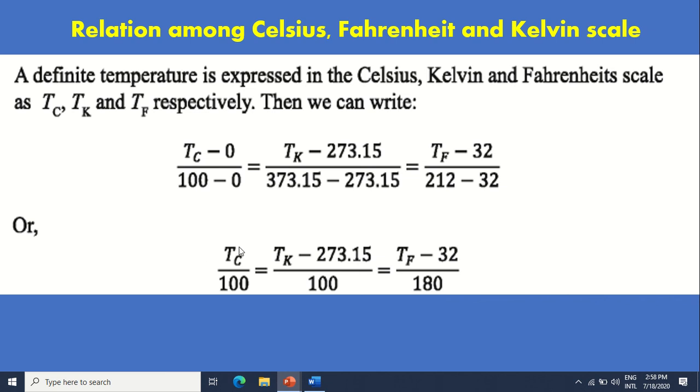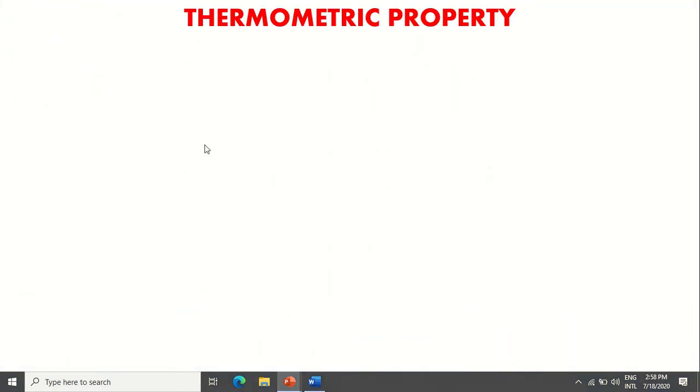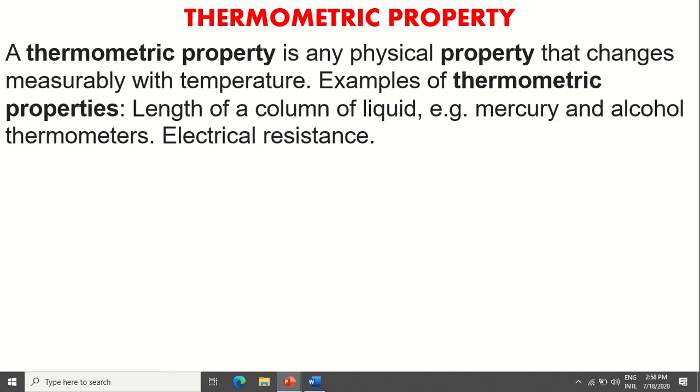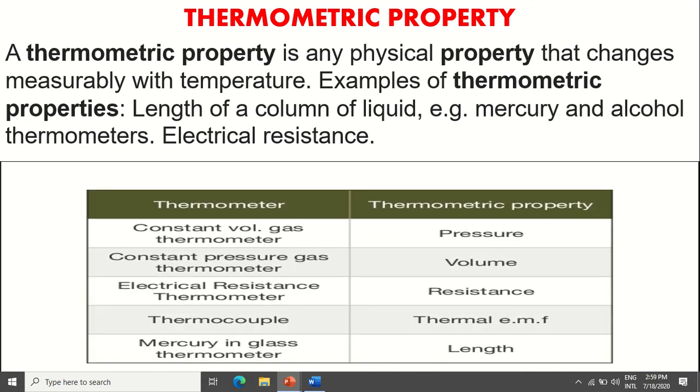Then it will be Tc by 5 equals Tk minus 273.15 by 5 equals Tf minus 32 by 9. What I have explained so far is the concept of your 9-10 level. I think you can remember.